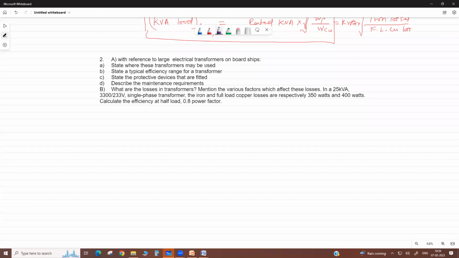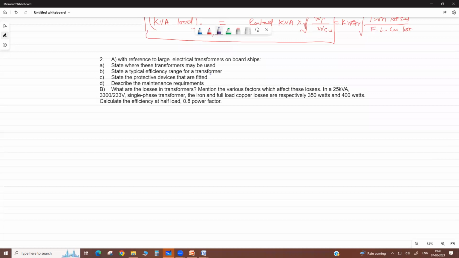State the typical efficiency range: it is 97 to 99%, 98%. Protective devices: in a dry type transformer, we monitor the winding temperature.